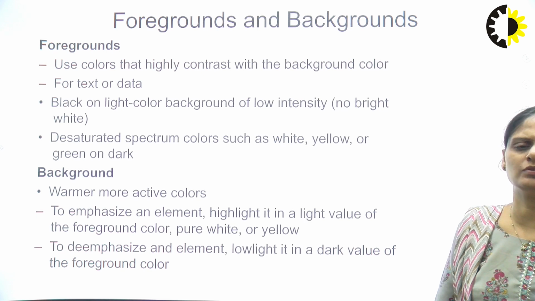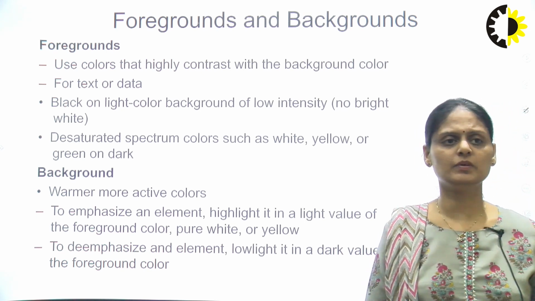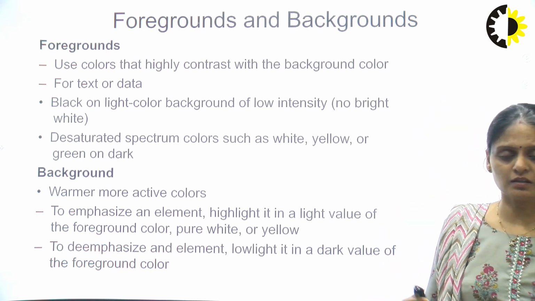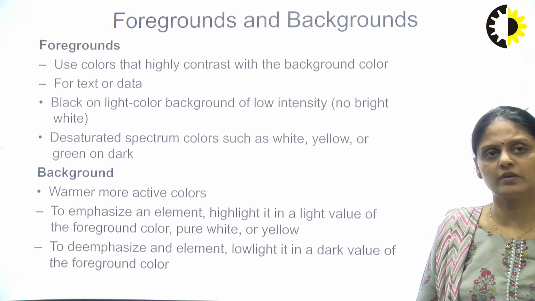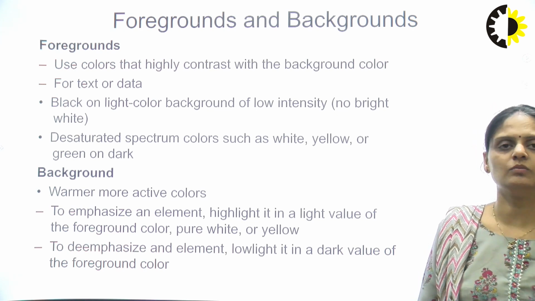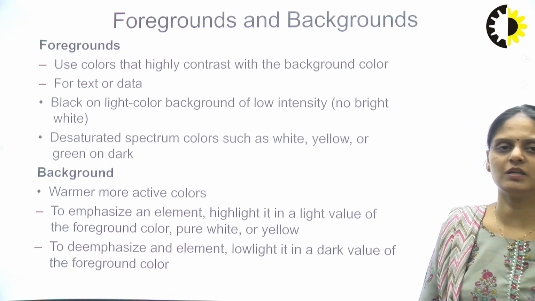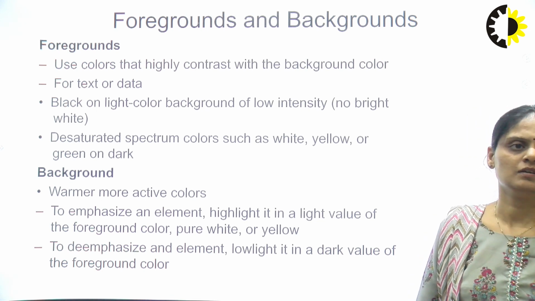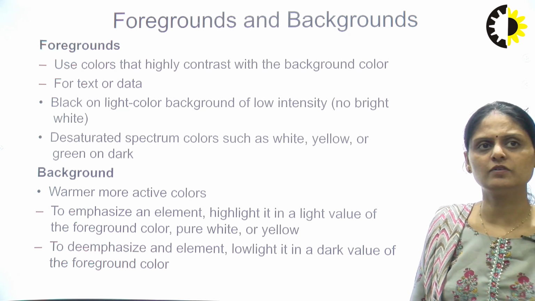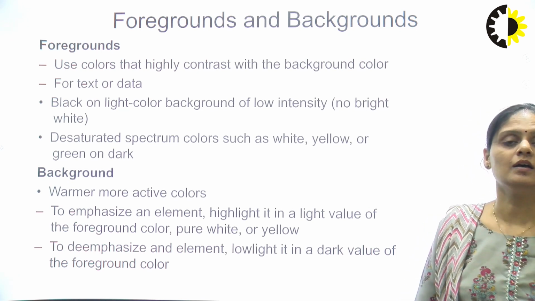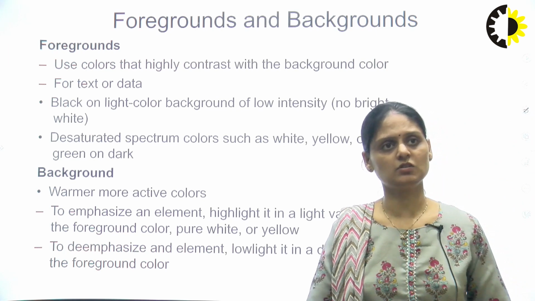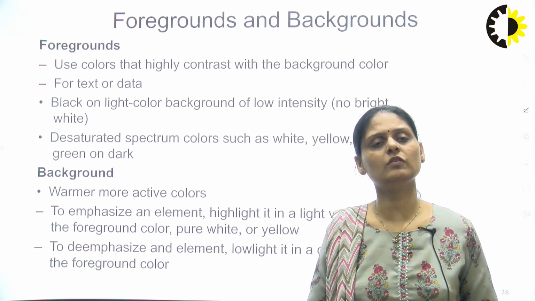We all do this generally when making any PPT. The text we write should be visible on the background. We can make it contrasting, we can make its border contrasting. So there are multiple ways we can decide on color for foreground and background.